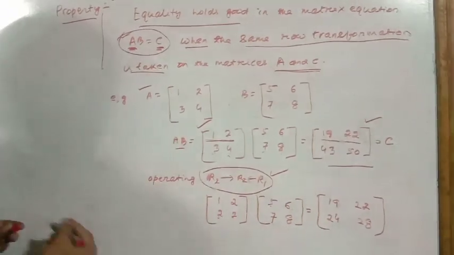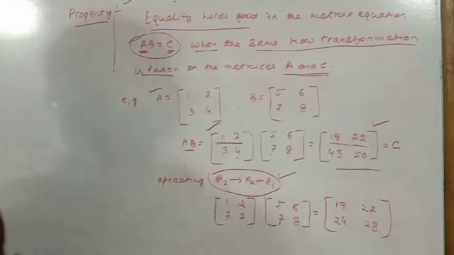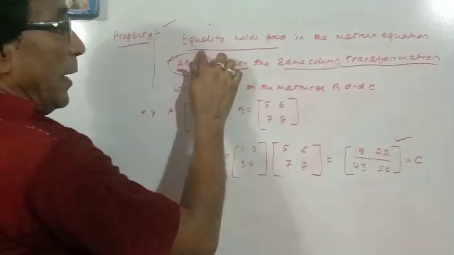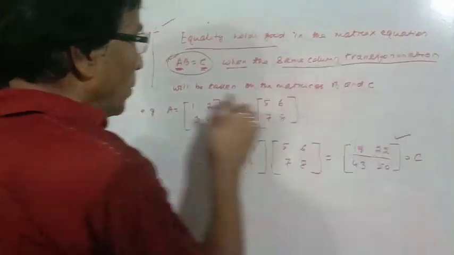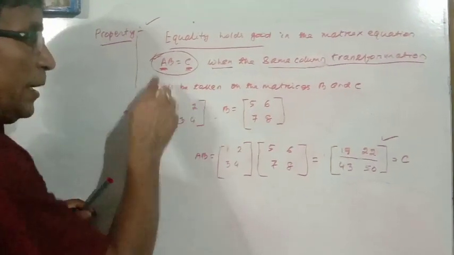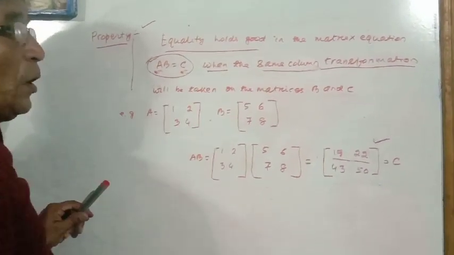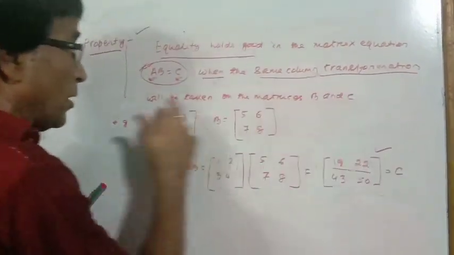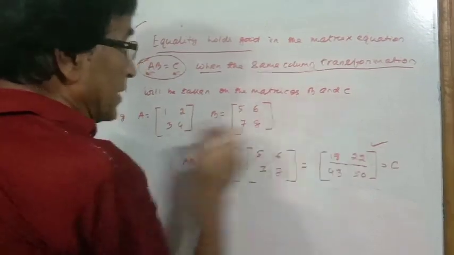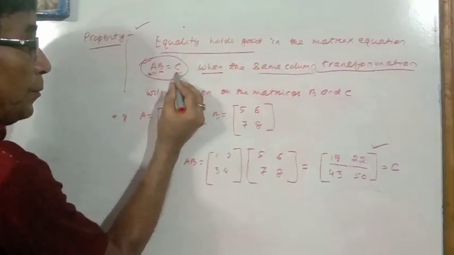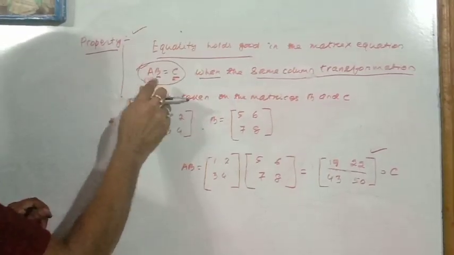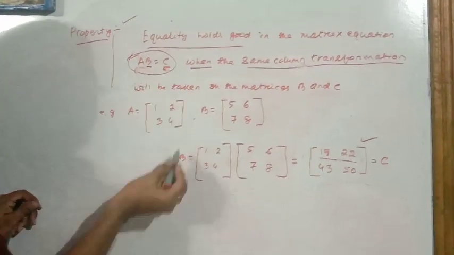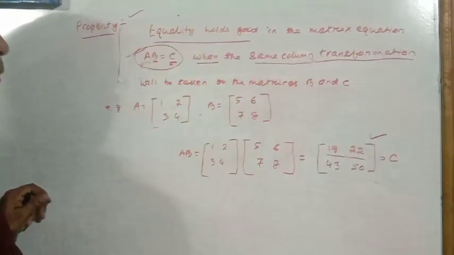Now we will consider column operations. Next, equality holds good in the matrix equation AB is equal to AC, when the same column transformation, remember column transformation, is taken on the matrices B and C. When the same column operation is taken on the matrices B and C, the equality sign will hold good.